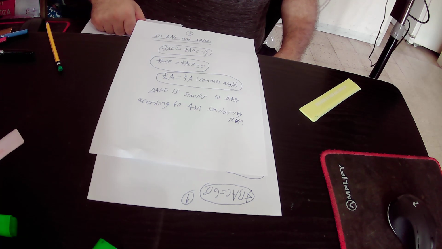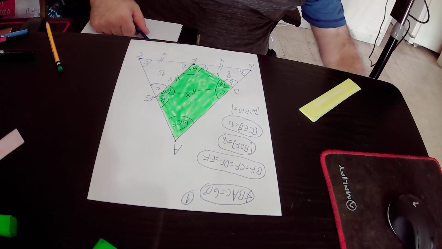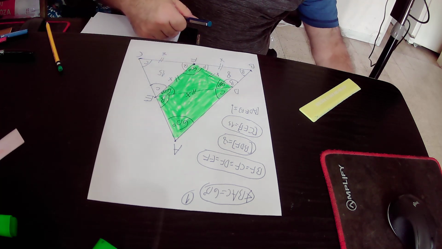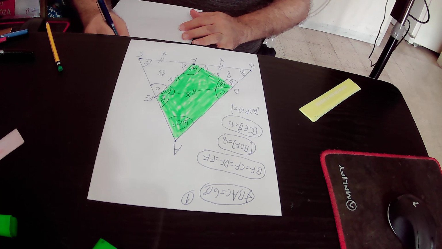So the angle similarity rule is a rule that states that if you prove that all the angles in one triangle are congruent to all the angles of another triangle, then those triangles are similar to each other according to the angle similarity rule. Okay, so triangle ADE is similar to the big triangle ABC, and we actually have rule number 3 that relates to similar triangles.